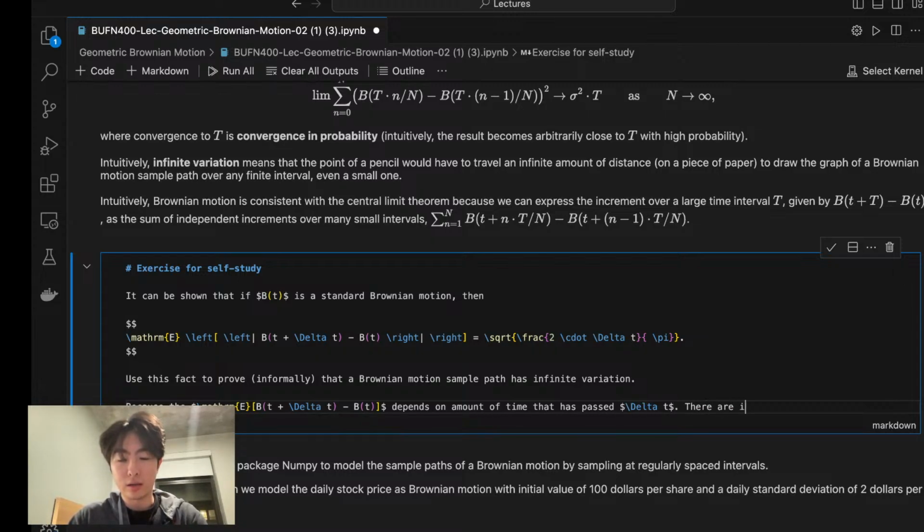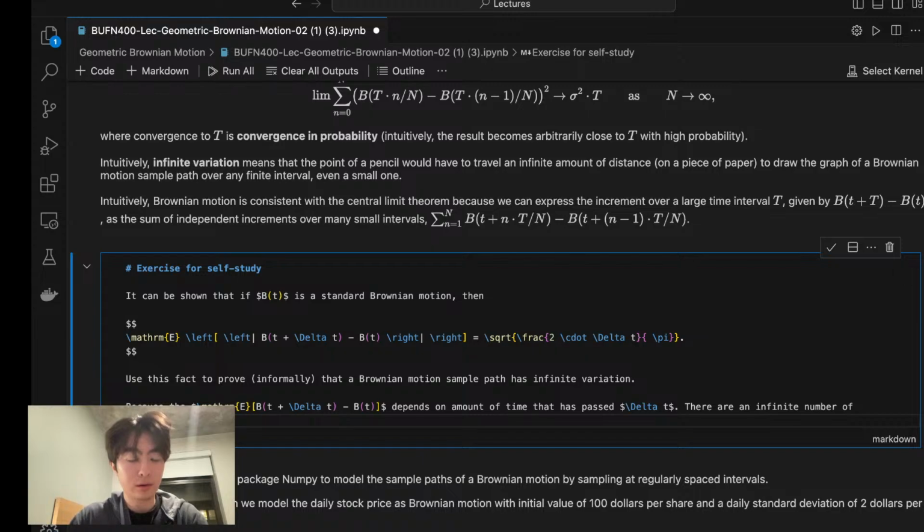There are an infinite number of possibilities for the change in time. And the changes for a change in time.